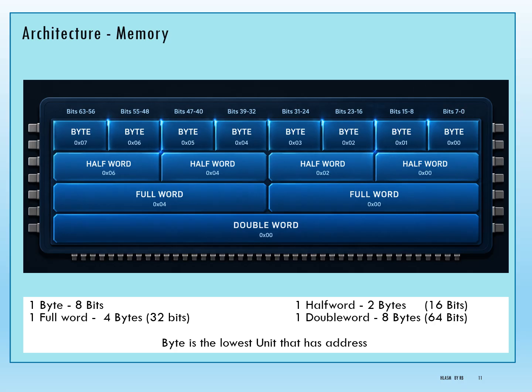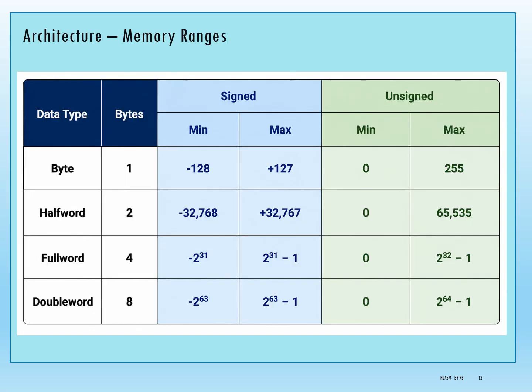Continuing on the same subject, I'm showing you here what a byte, half word, full word, and double word are, and how many bytes there are. As I said, a half word is 2 bytes, a full word 4, and a double word 8 bytes. So this determines the maximum value that can be stored. First, let us talk about the unsigned.